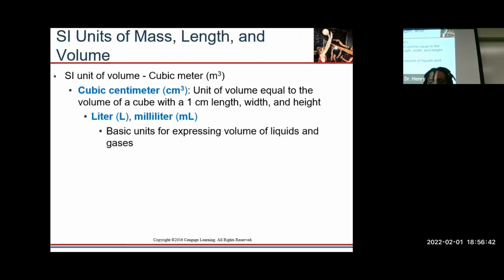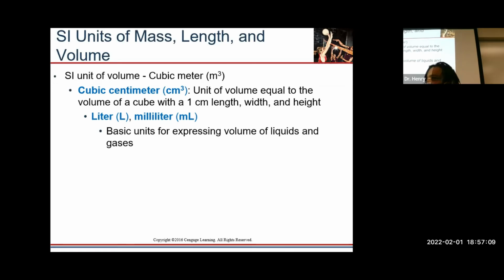Okay, for the units of volume, the SI unit is cubic meters. But we often will use milliliters or liters, right? Have you guys heard of cc's?